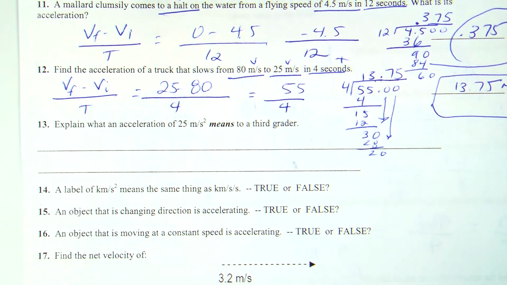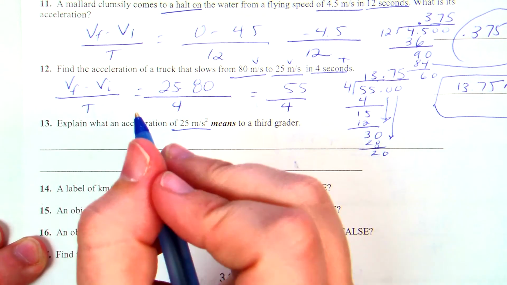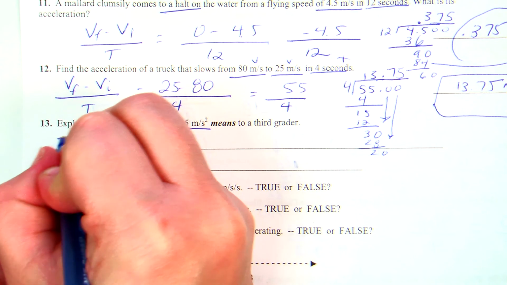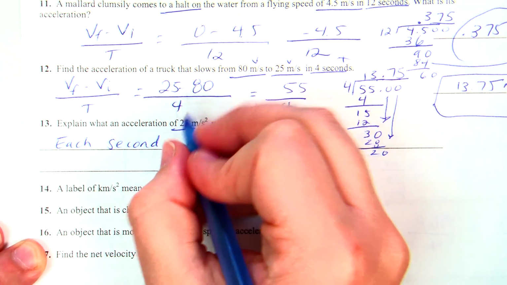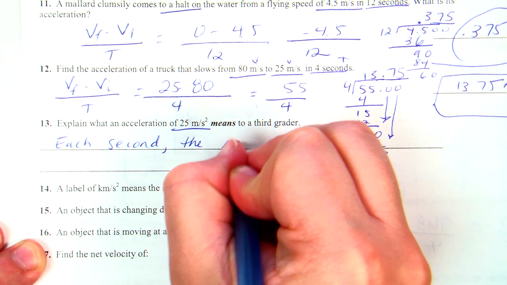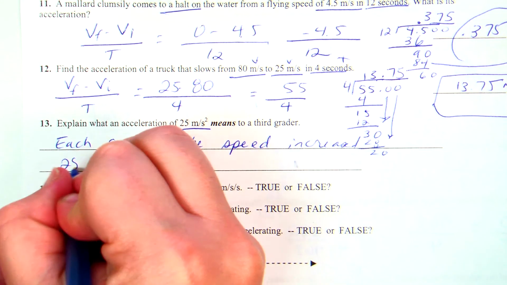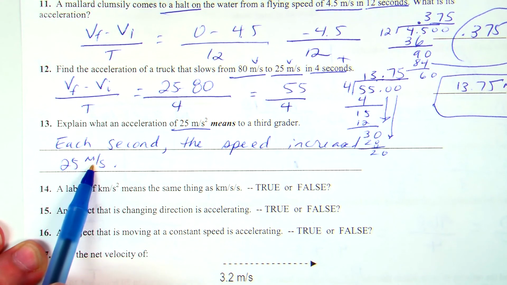Okay. An acceleration of 25 meters per second squared means what, to a third grader? So basically you just had to explain what acceleration meant in a very simple format. So that means that each second the speed increased 25 meters per second.